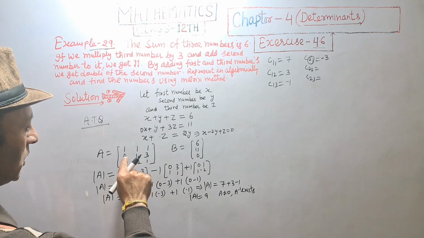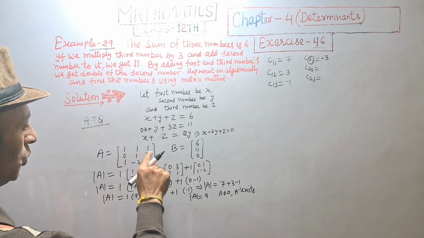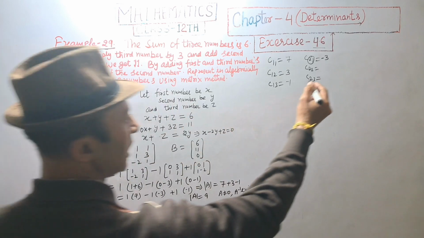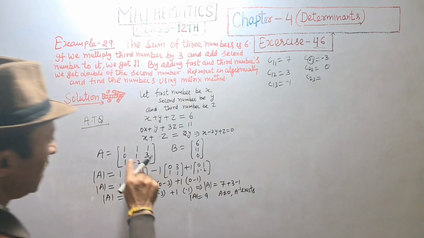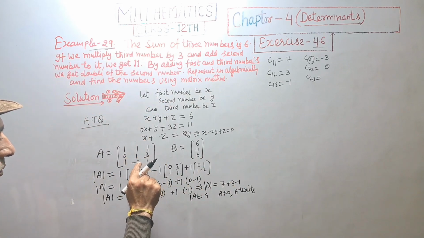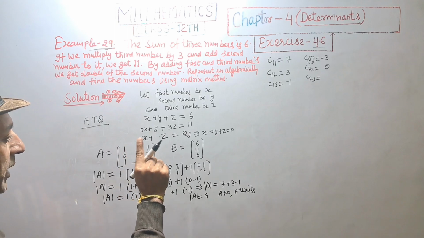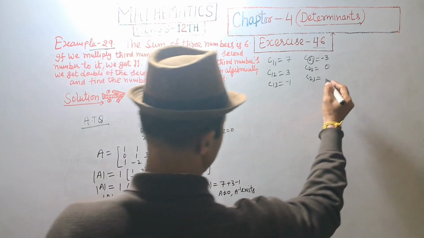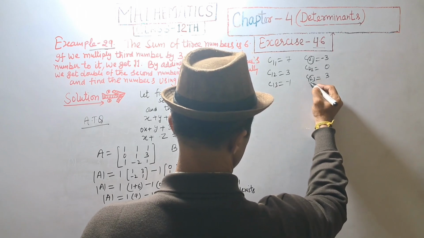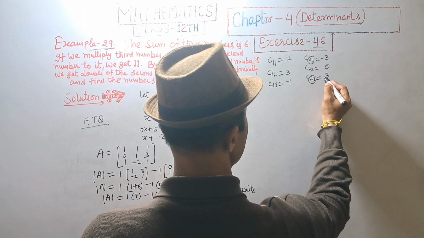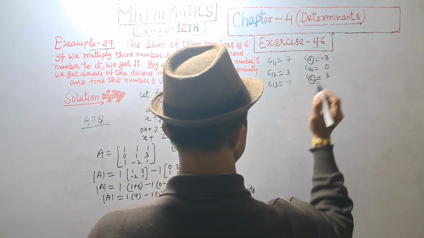And C22: 1 times 1 minus 1 times 0 is 1, that will be 0. And C23: 2, 1, where minus 2 minus 1 is minus 3. That will be positive 3, because 2 plus 3 is 5, and minus 3 multiplied by minus is positive 3.